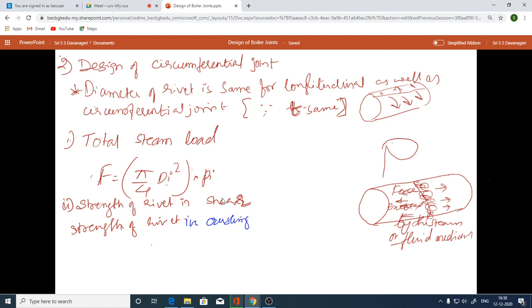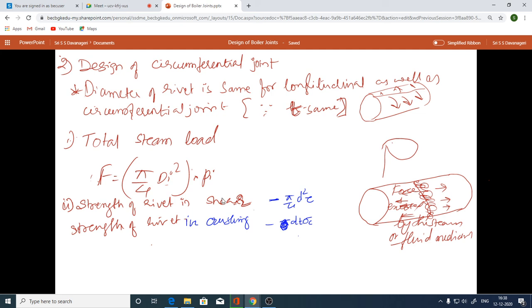How will you find the strength of rivet in shear? This is pi by 4 into d square into tau. And in crushing, it is d t into sigma c, not pi, it is only d. So d t sigma c, and pi by 4 d square into tau.